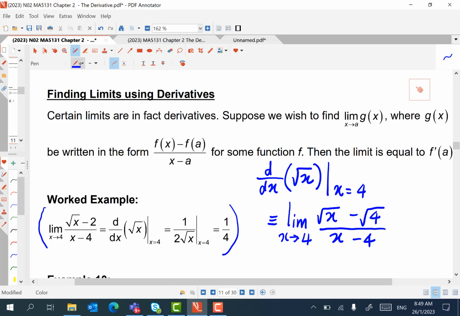And you realize immediately that this one is the same as this. That is why you now apply the formula list. You differentiate square root x, and upon differentiating and putting x as 4, you get a quarter.